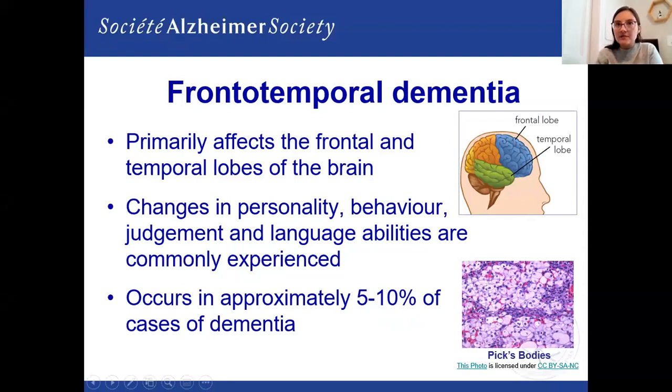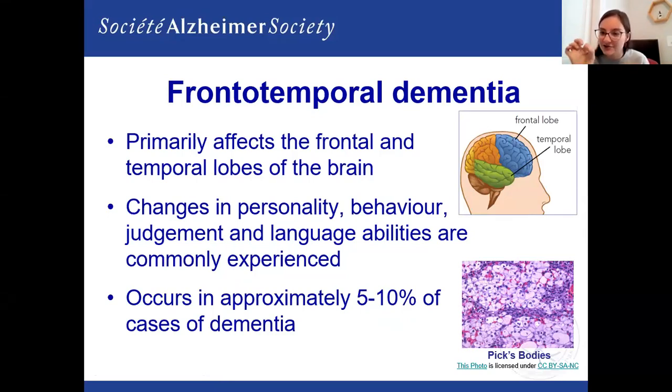What's different about this one is that it's also its own umbrella term. If you can think back to that umbrella of dementia, frontotemporal dementia also covers its own number of disorders as well. There's ones like Pick's disease, where the brain cells actually get larger, and there's these little silver, almost like sequins. Anybody who's ever been into fashion or sewing, you can see that on the screen here.